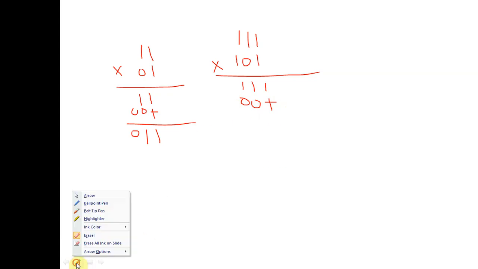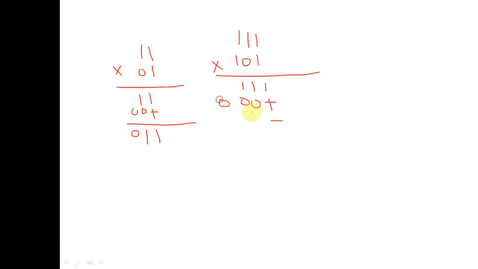Then again, this 1 is multiplied with this term, so the final answer is 111. So the total answer is 111 plus 0 with 111 plus 111 shifted. This is the final answer of multiplication.